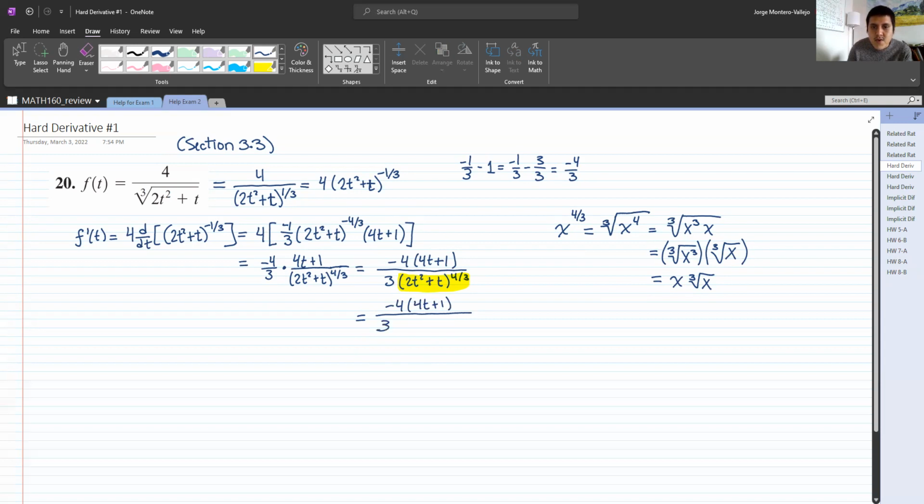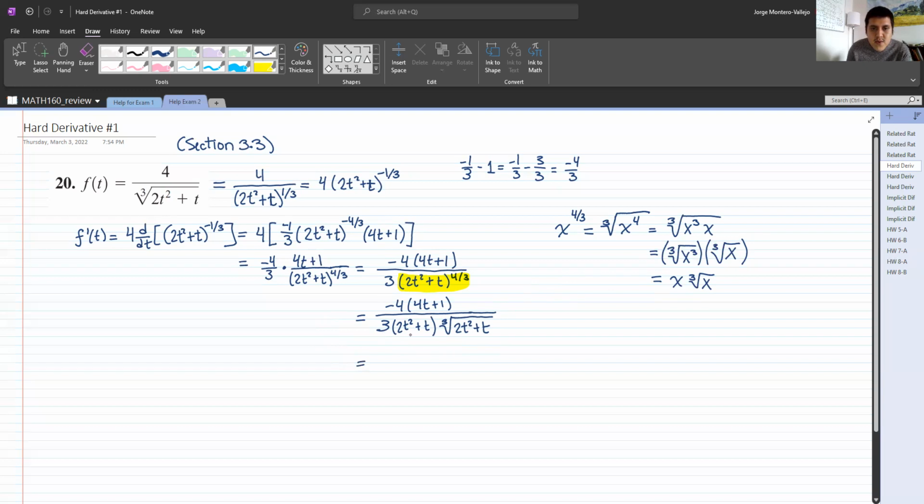The x here is 2t squared plus t, so I write that outside: 2t squared plus t. And then I need the cubic root of my expression, 2t squared plus t.